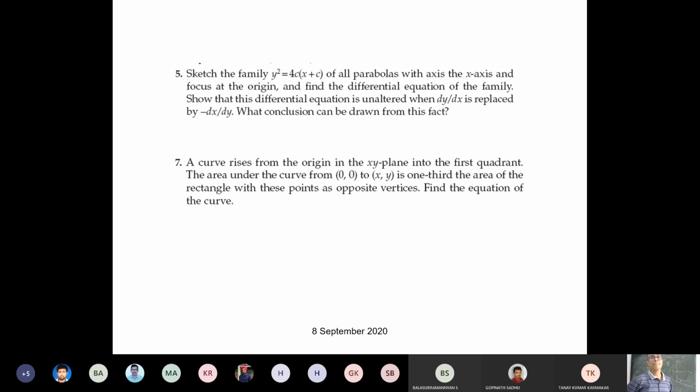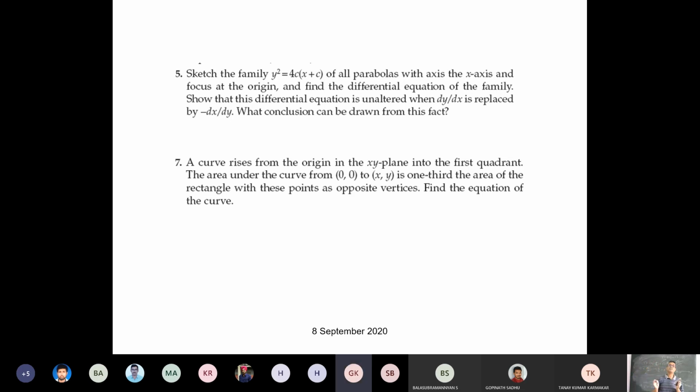But from here, can you see whether the green curve and the white curve are orthogonal to each other? Yes? Are you getting my point, what I'm trying to say? From the eventual equation, this equation is nothing but this equation.